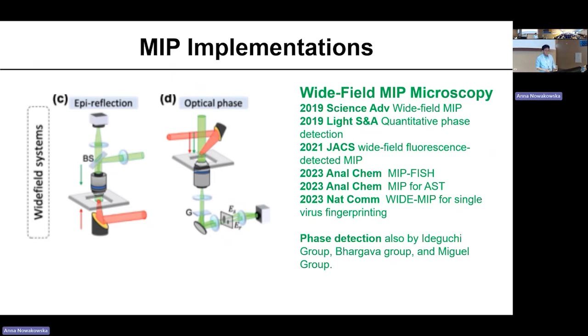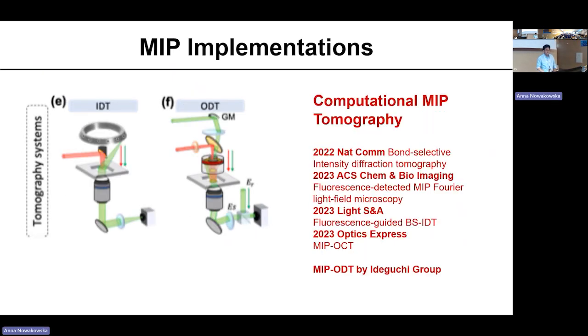The third method is called MIP tomography. This is using a computational approach, like my colleague Lei Tian has invented intensity diffraction tomography to produce a 3D map of refractive index. So by photothermal modulation of the refractive index, we now can do 3D bond-selective detection by shining the sample from different angles.